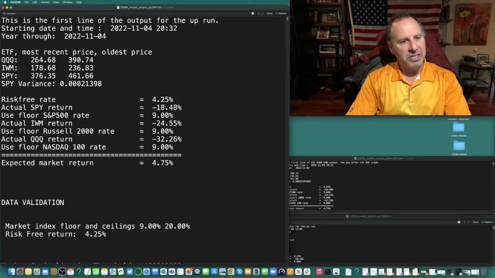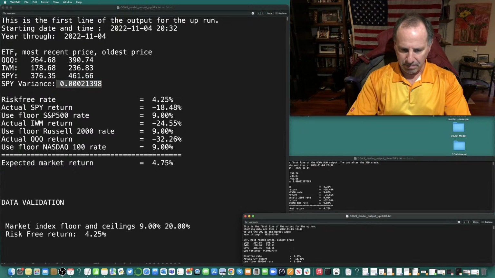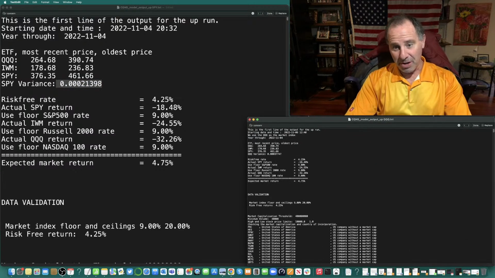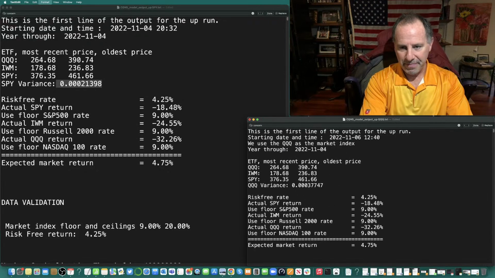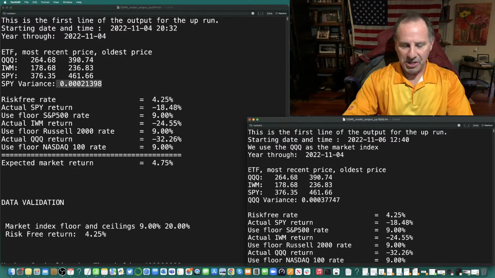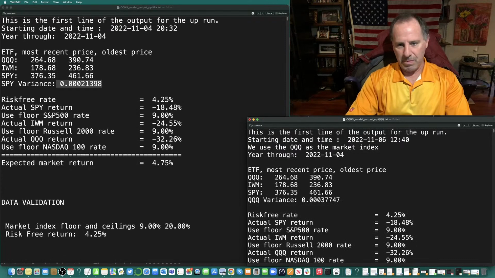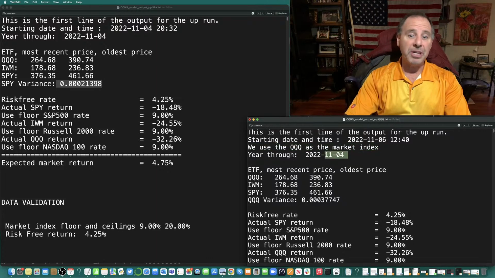First thing is the variance of the S&P 500 is 2.1 times 10 to the negative 4. When we look at the run for the QQQ, you'll see we use the QQQ as the market index. This is through yesterday.